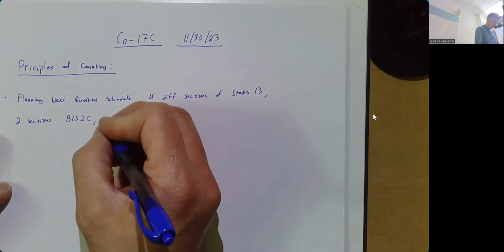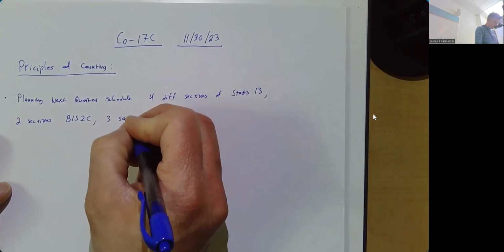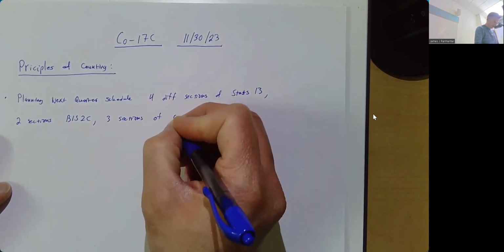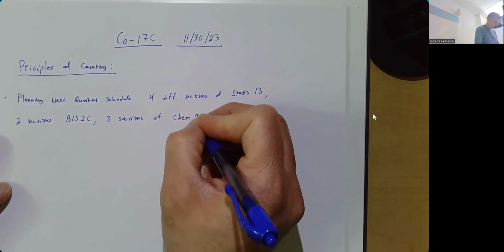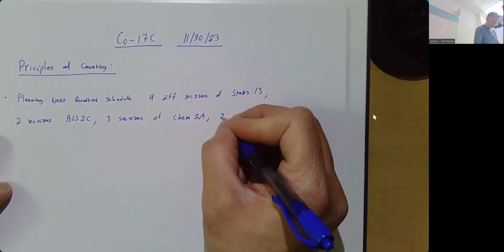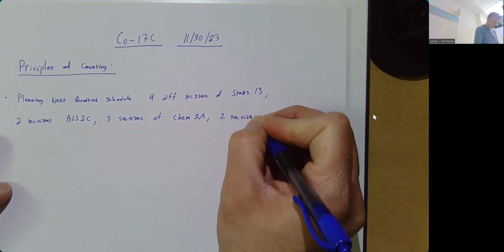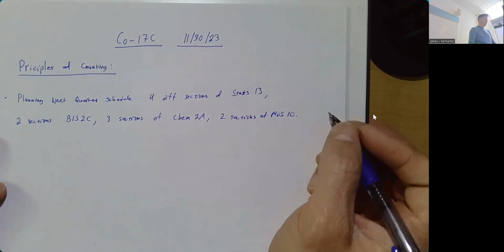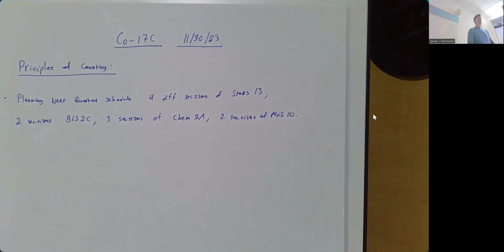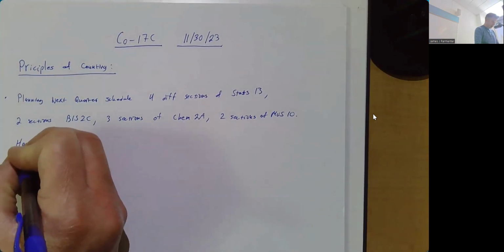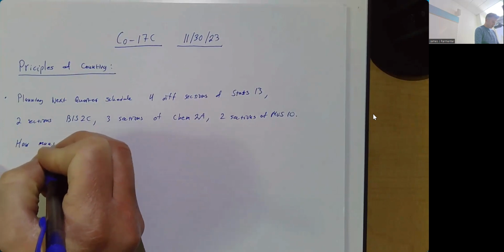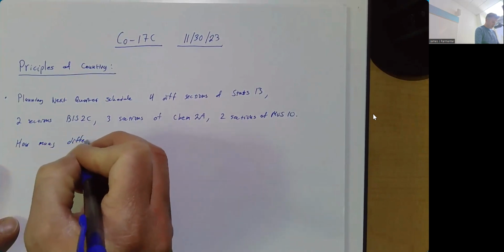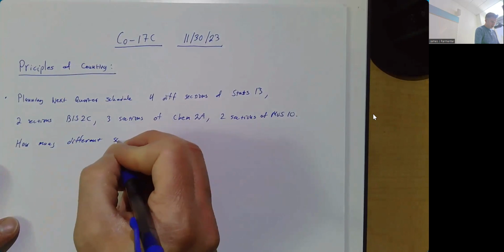And there are 3 sections of Chem 2A and 2 sections of Music 10. We've thrown in those extra numbers there to make it more confusing on purpose, to make it harder, just because. How many different schedules can you make? Or design?